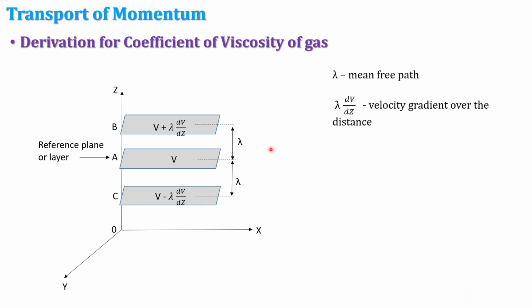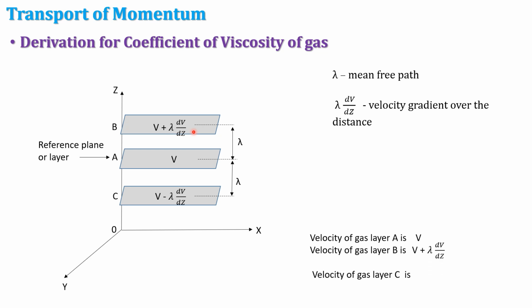Here, the velocity gradient over the distance lambda is lambda dv by dz, where lambda is the mean free path. Therefore, we write the velocity of the layer A is v, velocity of the layer B is v plus lambda dv by dz, velocity of the layer C is v minus lambda dv by dz.